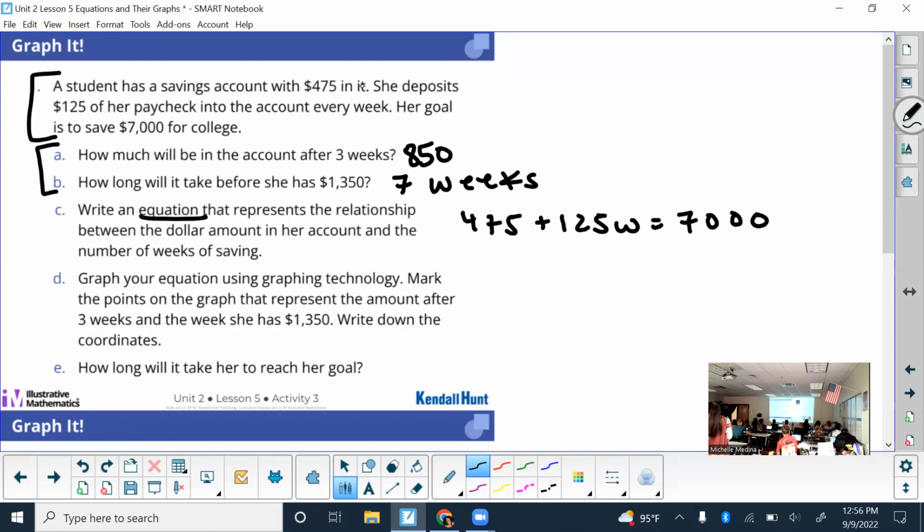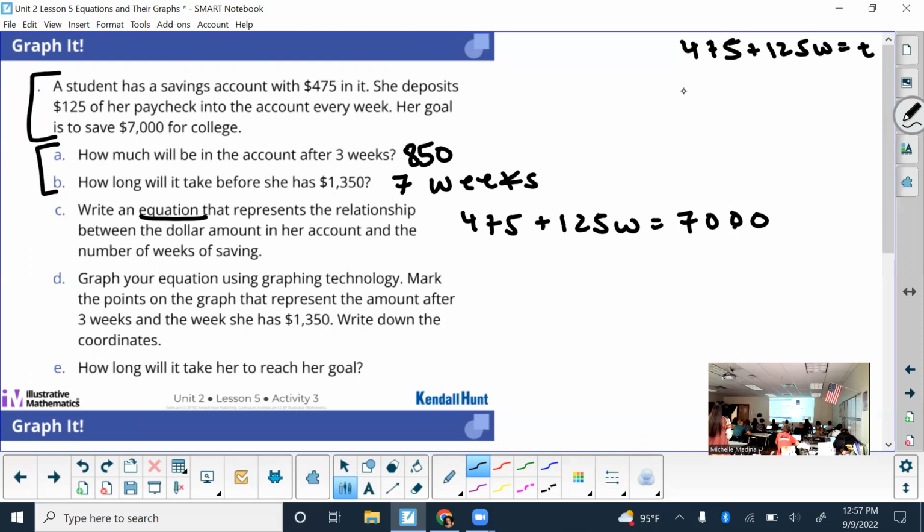So 125 is what she deposits into her account every week, no matter what. Isn't the total that's in her account also variable? So a really general equation to help answer the first two parts could be this. 475 plus 125 W equals, and we could put T for total, which is basically any variable that's not W.